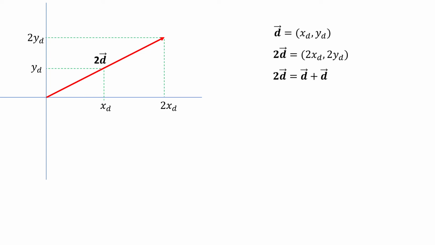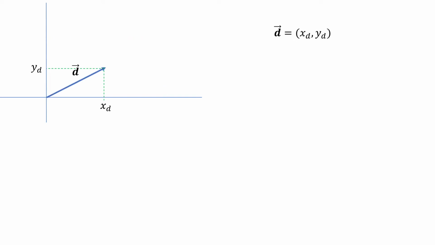Only thing, it's double in size. In a similar way, if I want a vector 3d, well, I just stack three vectors d one after another. They're all going to point in the same direction, but the length of the vector 3d is going to be 3 times the length of vector d, okay?